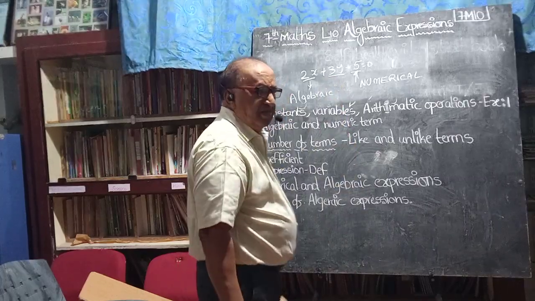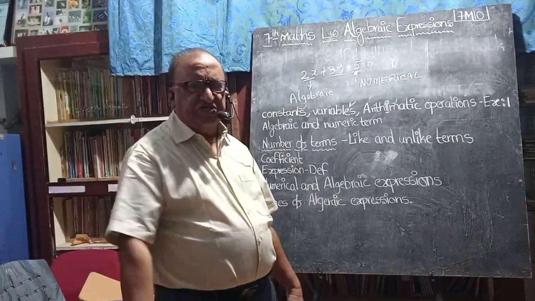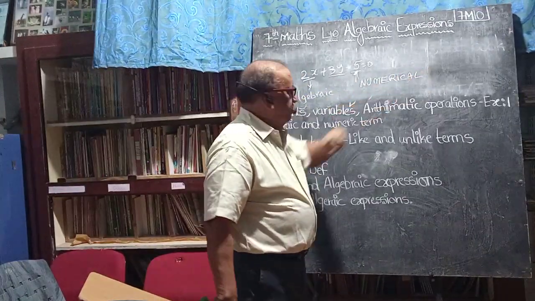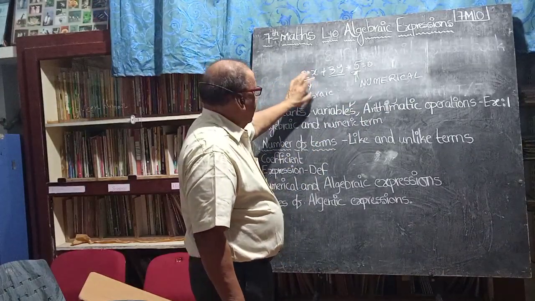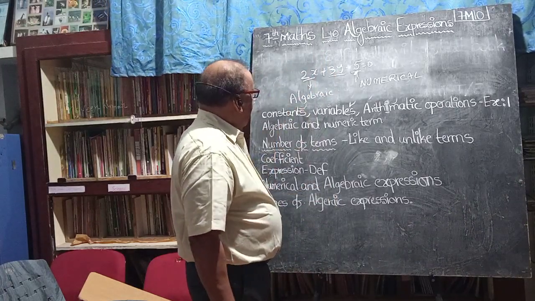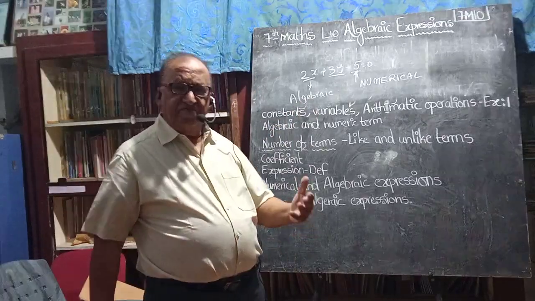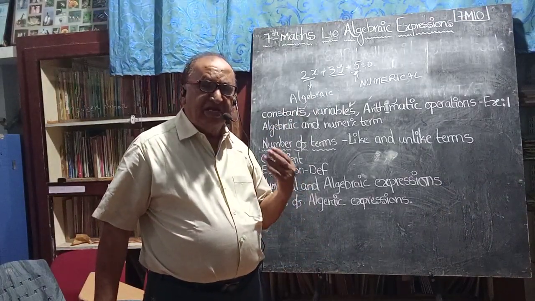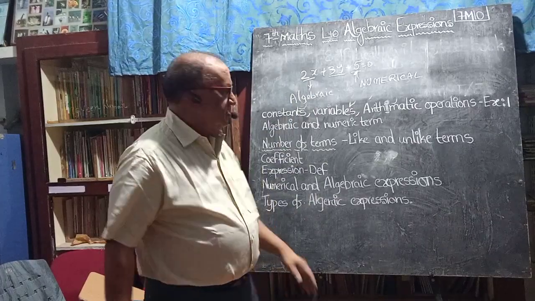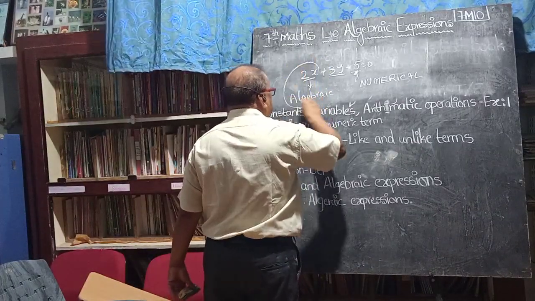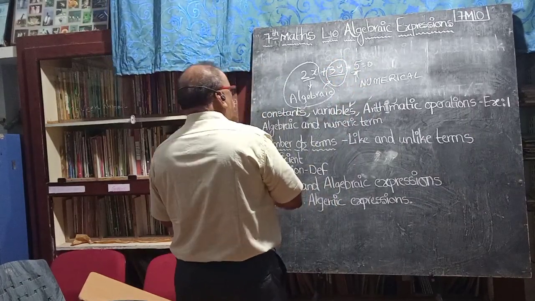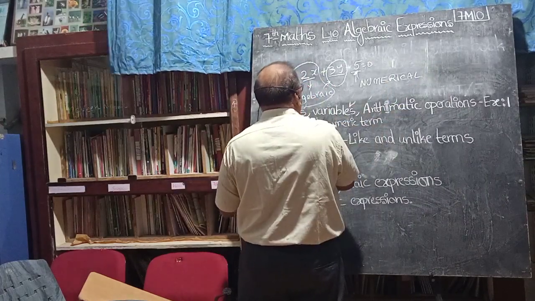Algebraic expression. Here we call each one an algebraic term, and the whole thing is called an expression. Okay, here there is a variable and a constant; the constant can also be 1, that is what it means. Anyway, an algebraic expression is where you have some algebraic variables like x or y. That is called an algebraic term. This is an algebraic term. Similarly, 3y is also an algebraic term, whereas 5 is a numeric term. The whole thing is called an algebraic expression.